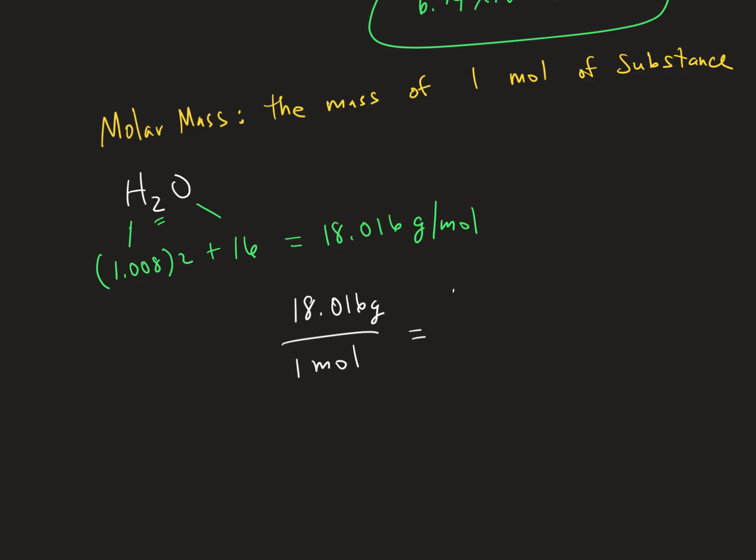Or we can write it as 1 mole for every 18.016 grams of H2O. Good? This is how we go from grams to moles or moles to grams. Should we practice some more? Let's do it.